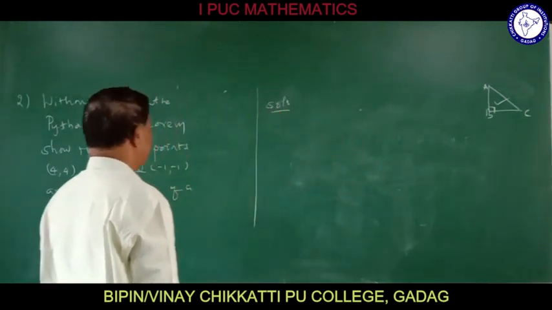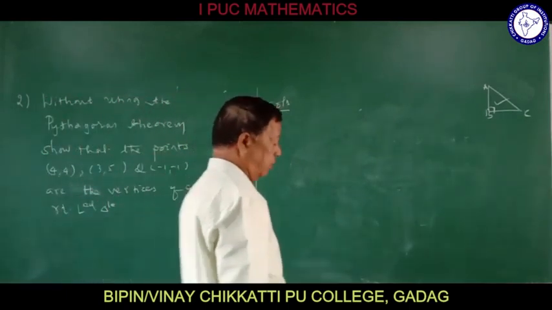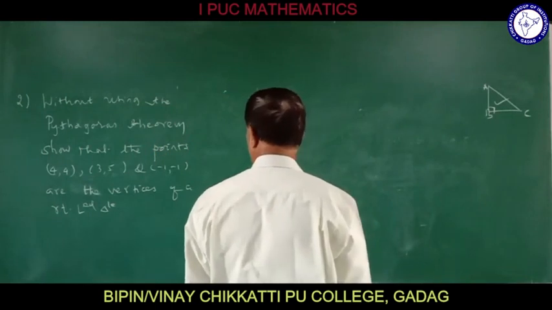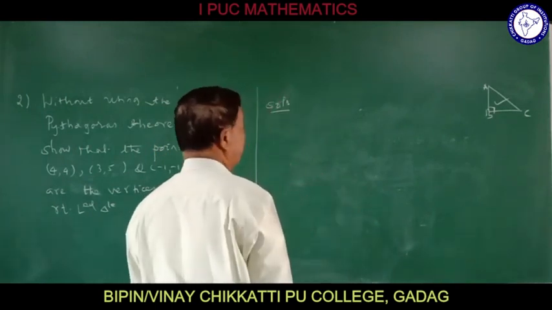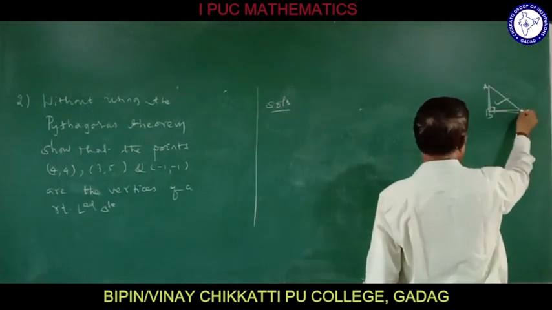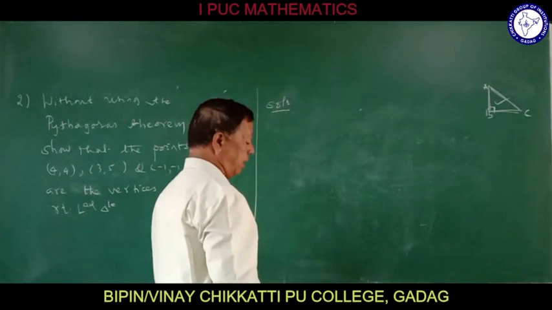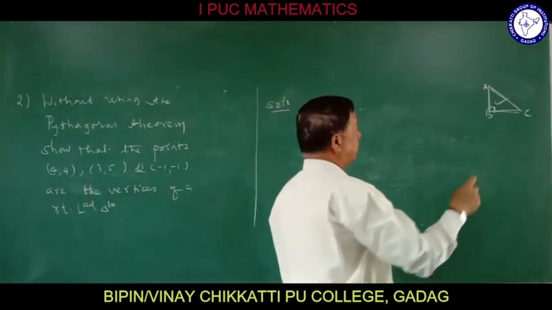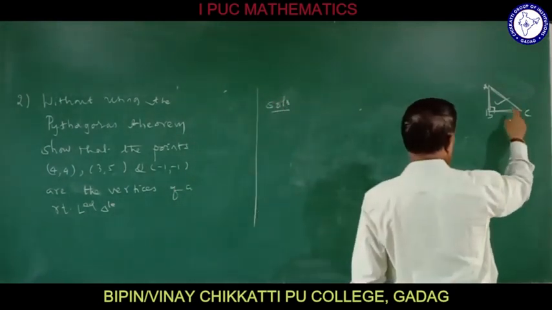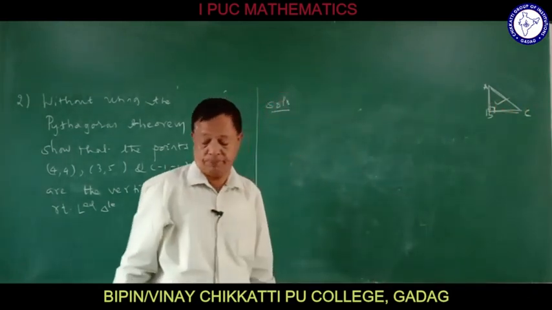What I say is that if these points are vertices of a right angle triangle, then you have to find out the slopes of AB, BC and CA. If the product of this slope and this slope is equal to -1, they are perpendicular, you can say.